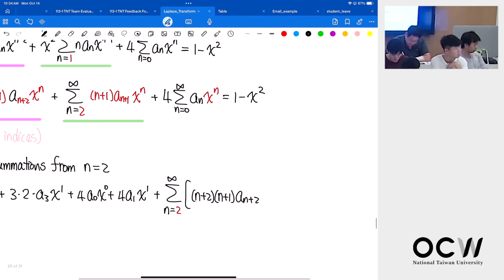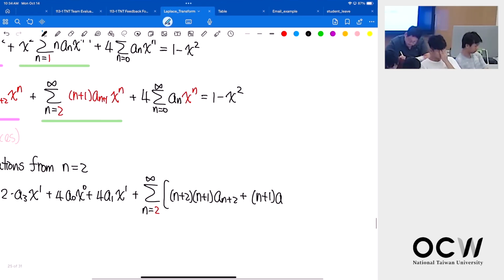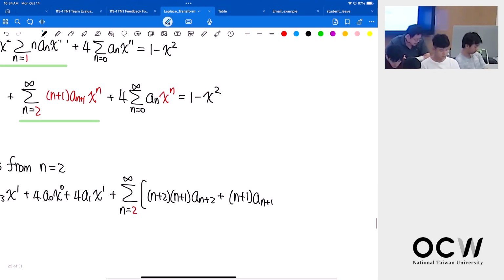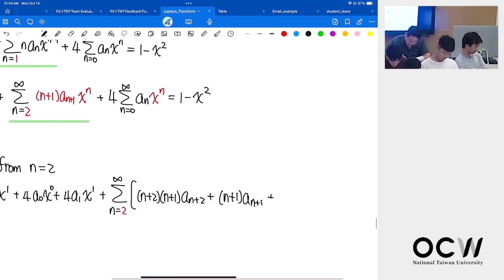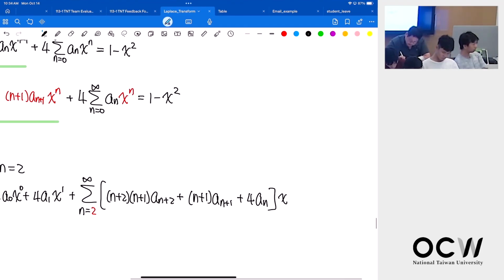And then n plus 1, a n plus 1 plus 4a n, x to the n. That should be 1 minus x squared.